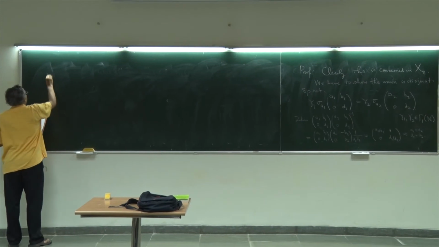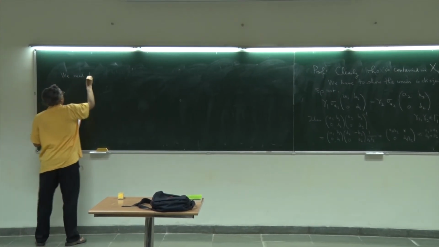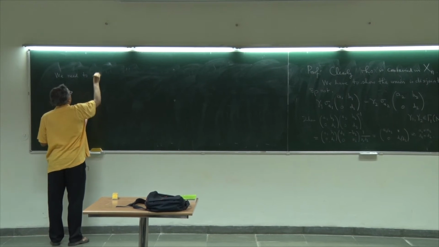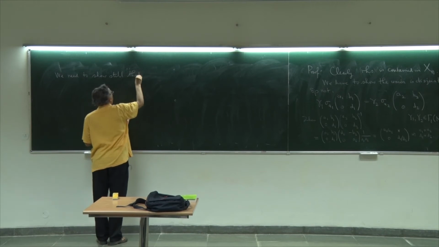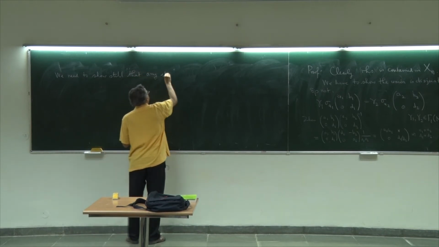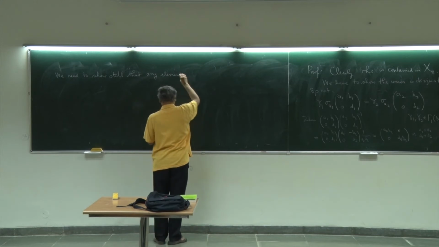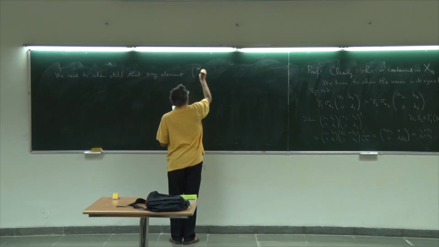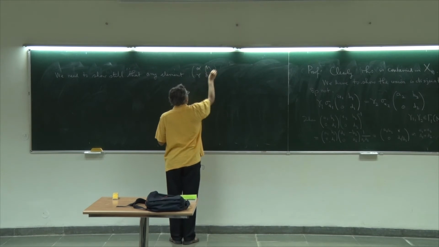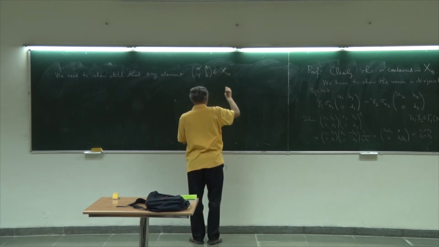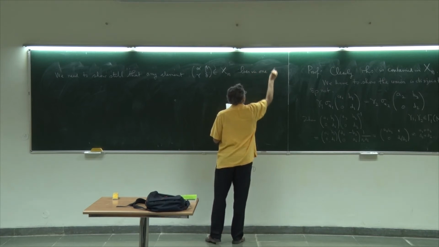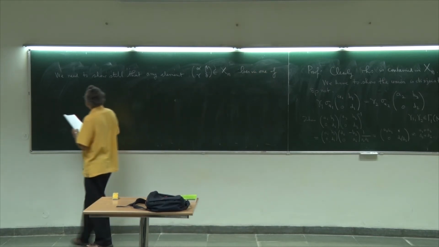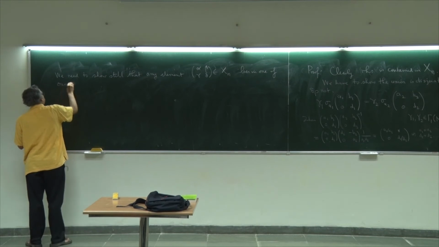So we need to show still that any element alpha, beta, gamma, delta in Xn lies in one of these orbits.